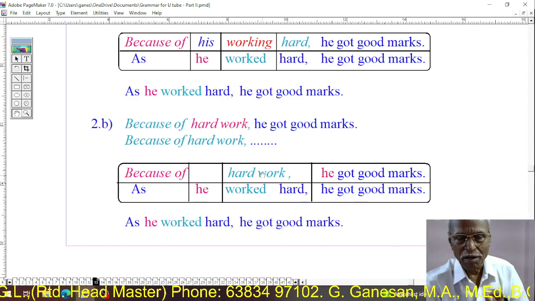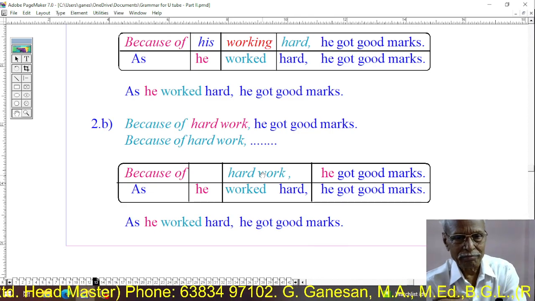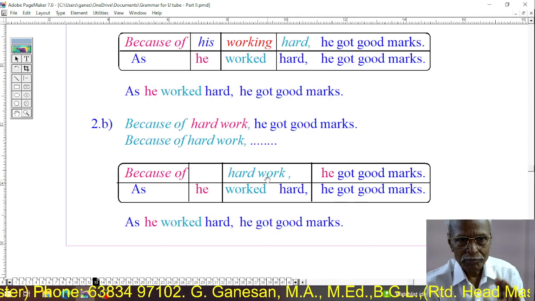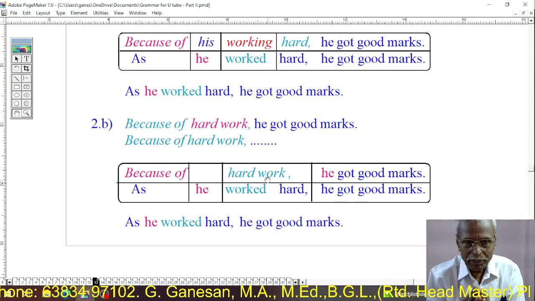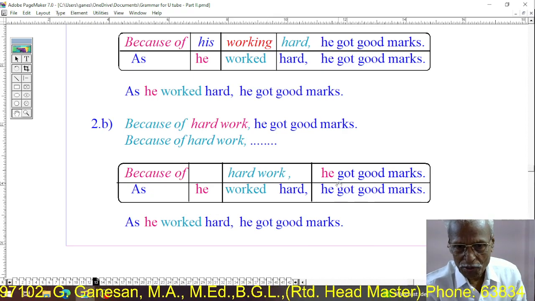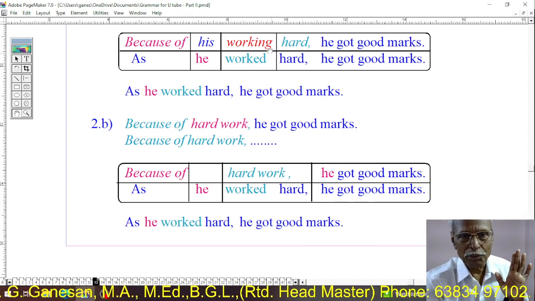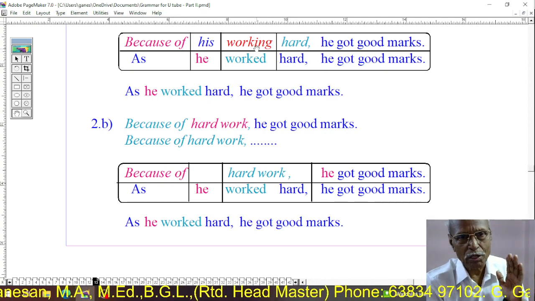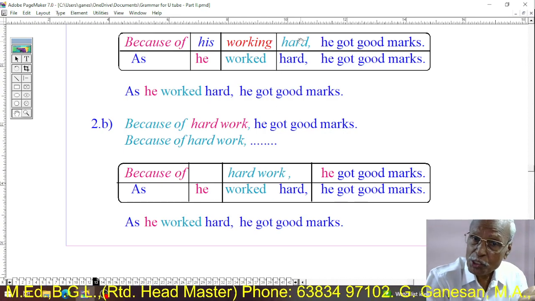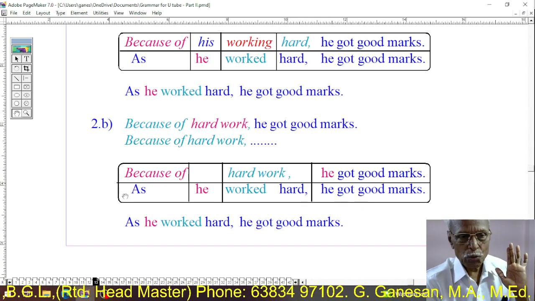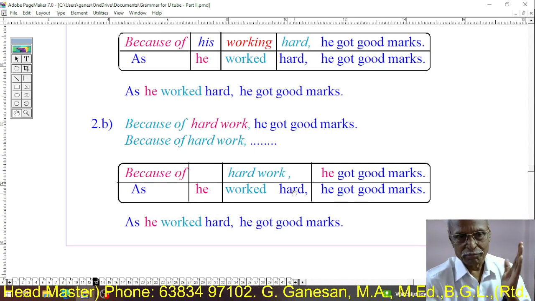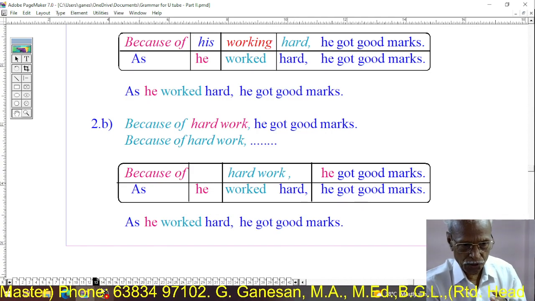Hard work is a noun, work hard is a verb. As here the tense is past, worked hard. So in the place of working hard, we can use hard work. Because of hard work, as he worked hard, he got good marks.